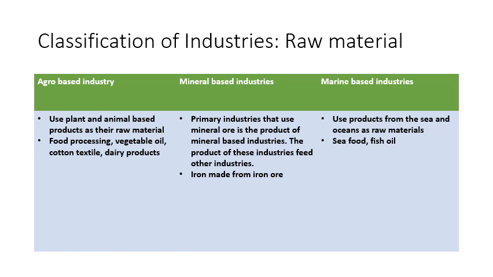Iron made from iron ore is the product of a mineral-based industry, and this is used as raw material for manufacturing a number of other products such as heavy machines, buildings, railways, isn't it? I'm repeating once again, iron is used as a raw material of the mineral-based industry.